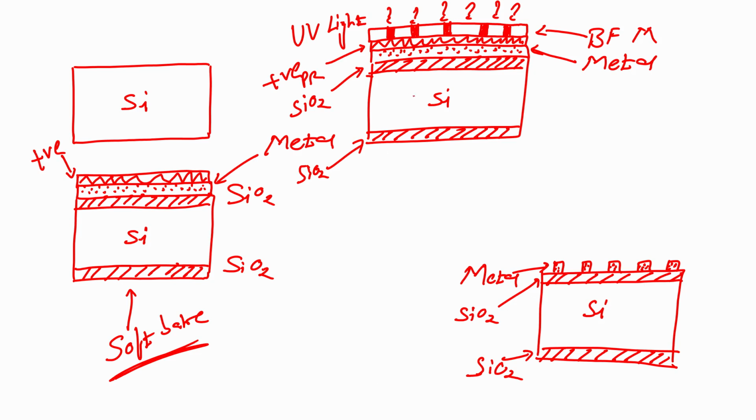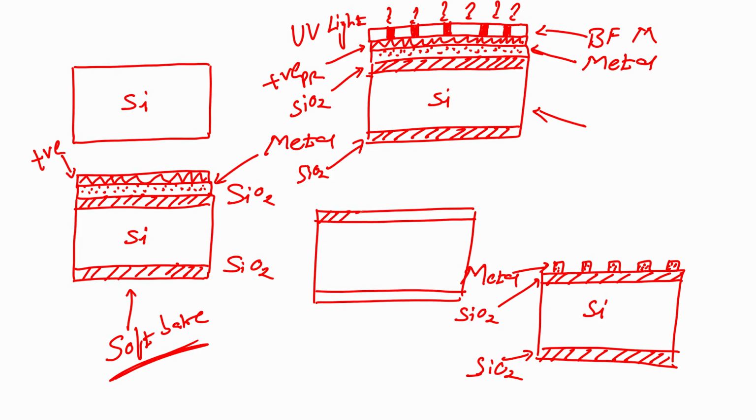Soft bake, load the mask, expose the wafer using UV light. Next step would be to develop this wafer. If I develop this wafer, what will happen? Since I have used positive photoresist, I will get the pattern as shown in this schematic.